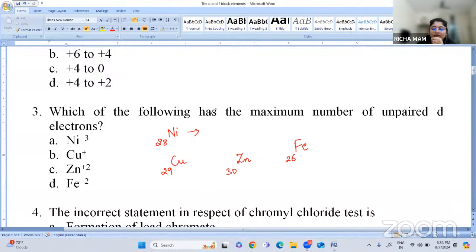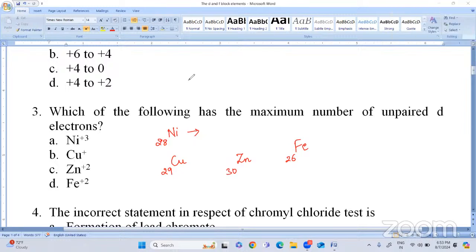So write the electronic configuration. Ma'am, for each element we should say?